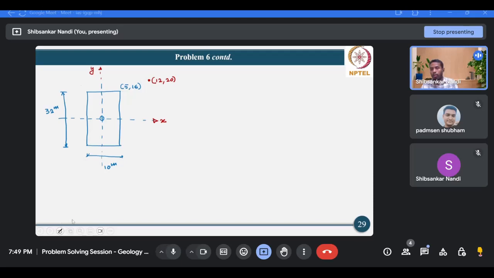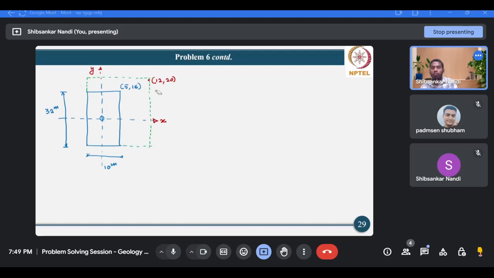Now what we can do is extend the existing rectangularly loaded area in such a fashion that the point becomes one of its corners.